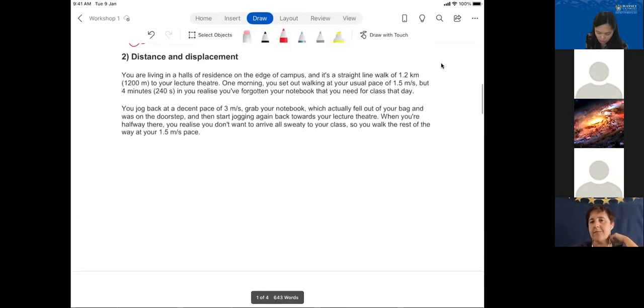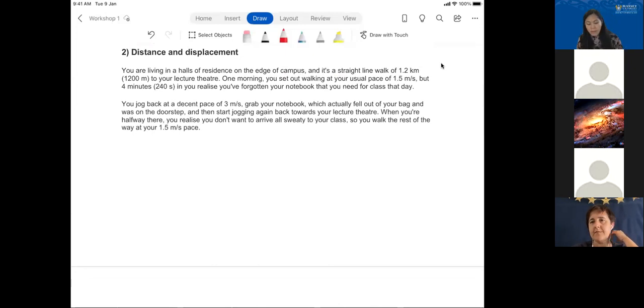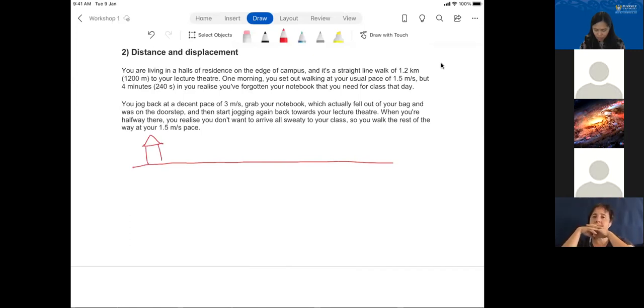So let's just look at this question now step by step. It will be useful usually when you're given worded problems like this, especially if you're a visual person, to draw the scenario. So let's draw that. You're starting from the halls of residence or your house where you live, and you're walking towards the lecture theater.